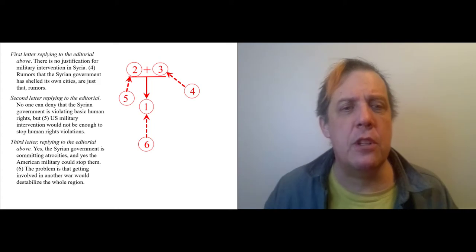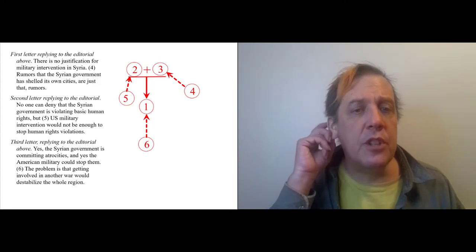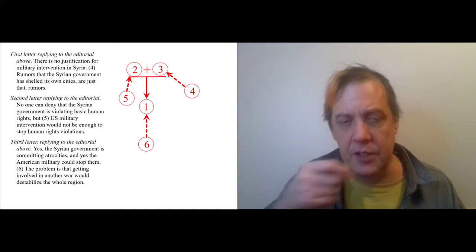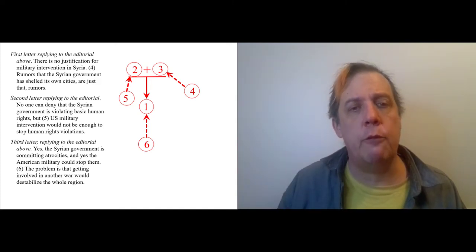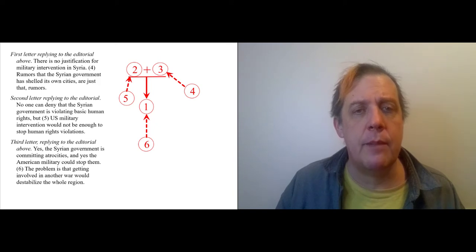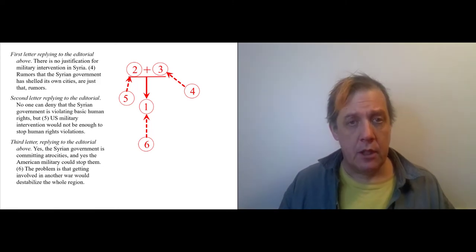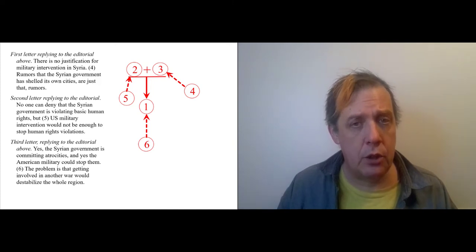Now imagine a third letter replying to the editorial above. So this one says that the problem is that getting involved with another war would destabilize the whole region. So the third letter acknowledges the truth of claim 2 and claim 3, but gives you an independent reason to challenge claim 1, the conclusion.